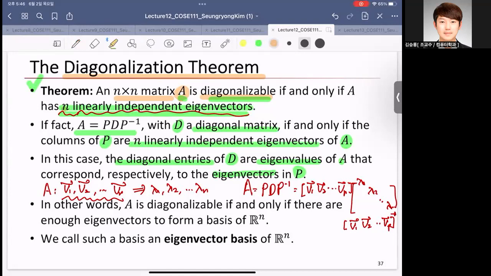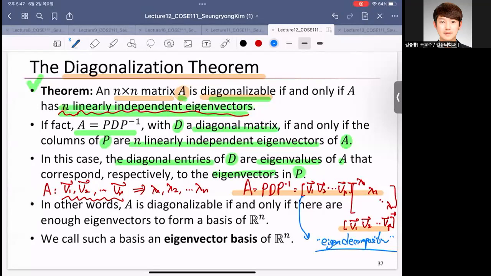This is the diagonalization. This kind of factorization is called eigen decomposition. If you are not moved to another department, during 4 years in computer science you're going to hear infinitely many times about eigen decomposition.